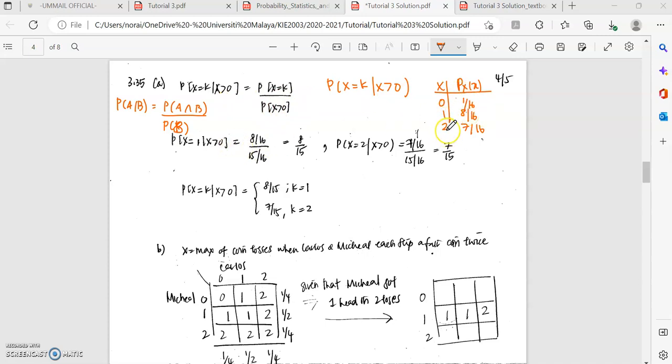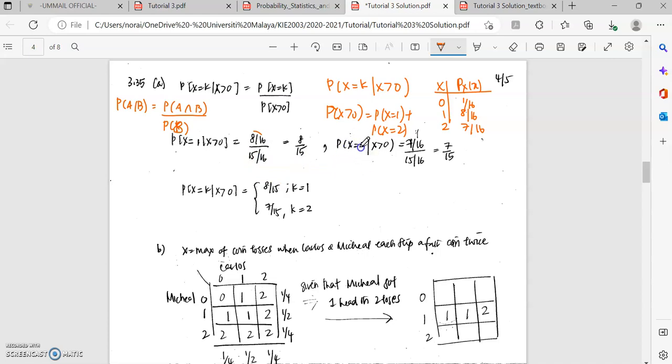First we look at the probability of X bigger than 0. The probability of X bigger than 0 is the probability of X equals 1 plus the probability of X equals 2, right? So 8 over 16 plus 7 over 16 gives you 15 over 16. And the probability of X equals 1 is 8 over 16, so 8 over 16 divided by 15 over 16 gives me 8 over 15.